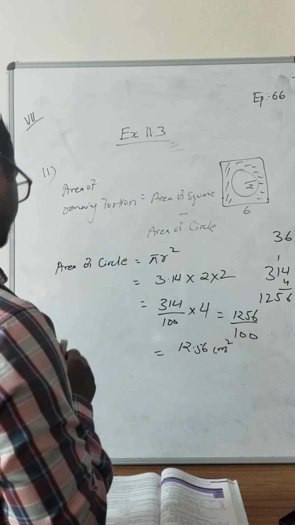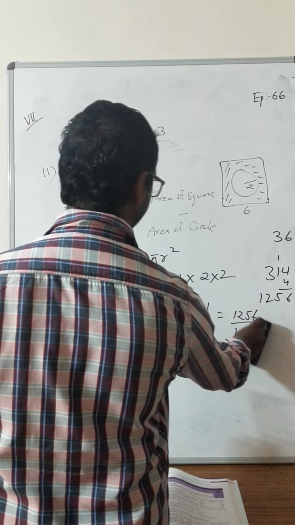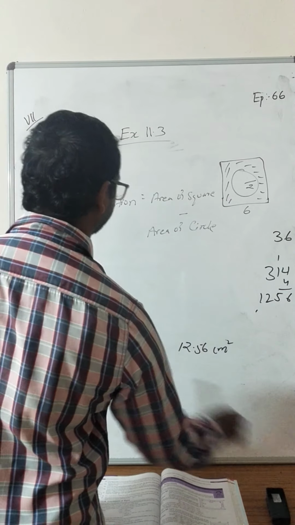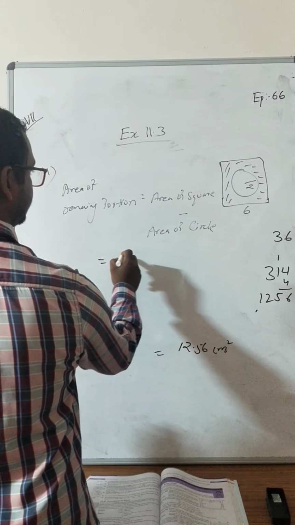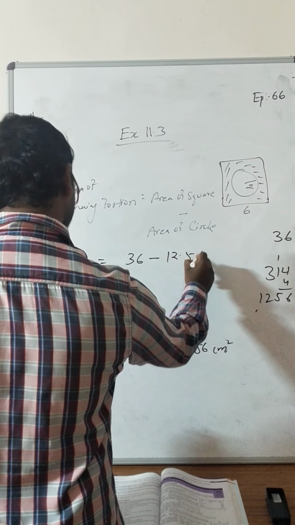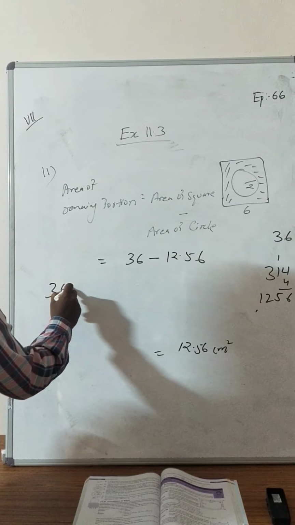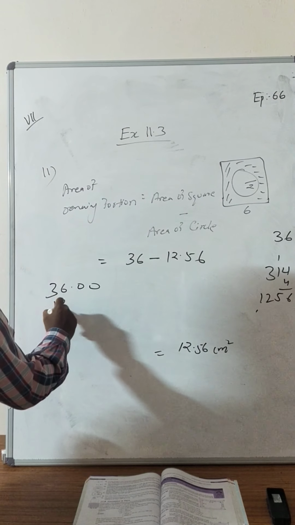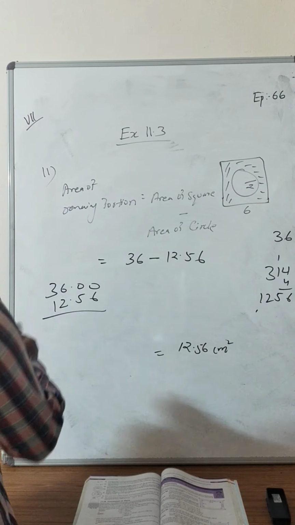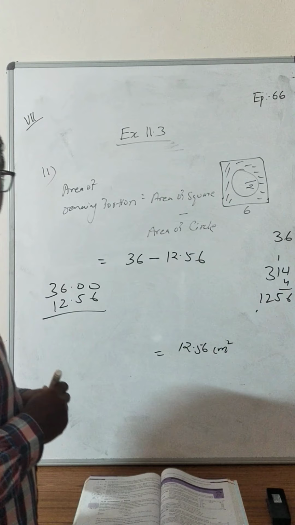Okay. Now we have to subtract. For the remaining portion we have to subtract 36, the area of the square, minus 12.56. See, 36.00 minus 12.56. Just make sure the points are aligned on top of each other.